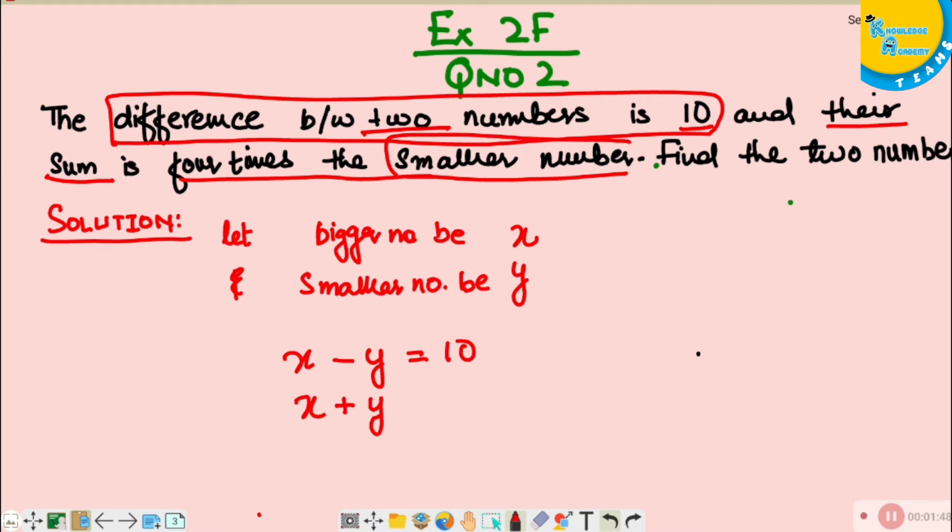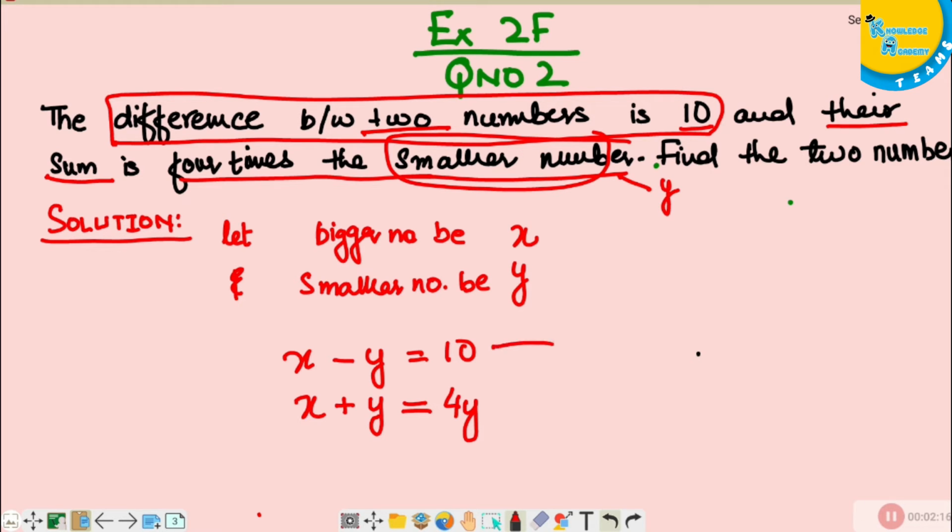What is the smaller number? The smaller number is y, so 4 times y is 4y. So that's it. These are our two simultaneous equations.